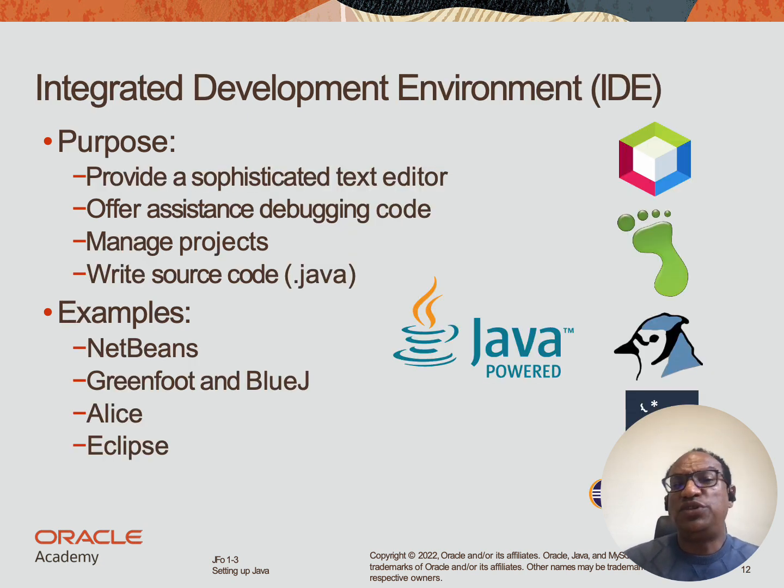To make our lives easier, we typically use an integrated development environment, or IDE. An IDE combines a text editor, a compiler, a debugger, and other tools into one convenient package. Eclipse, Alice, Greenfoot, IntelliJ are examples of IDEs.